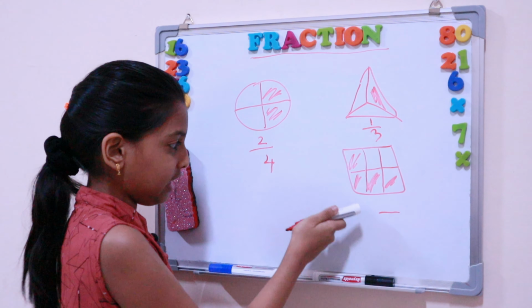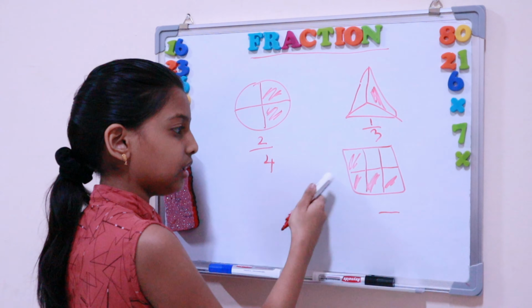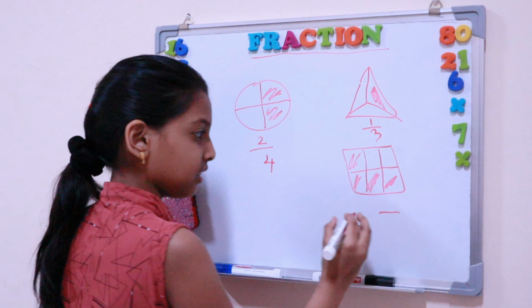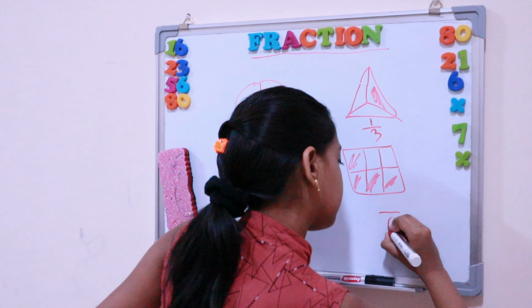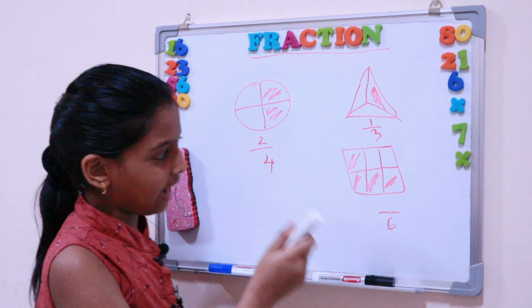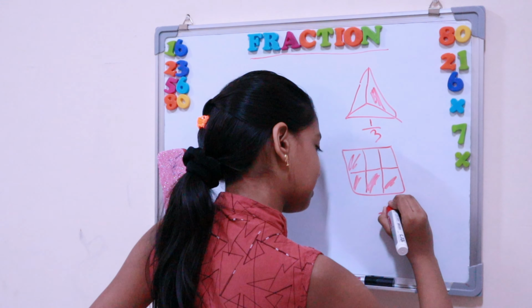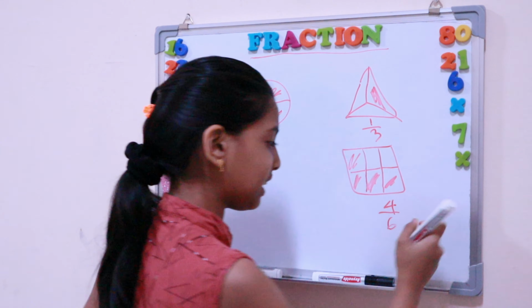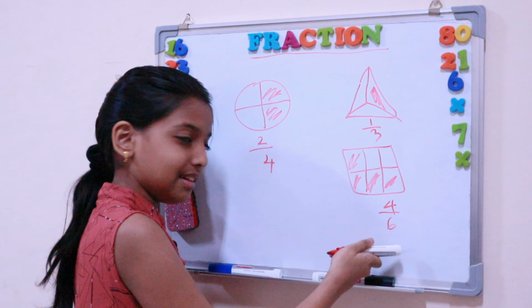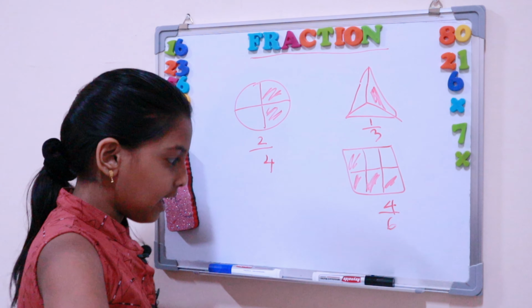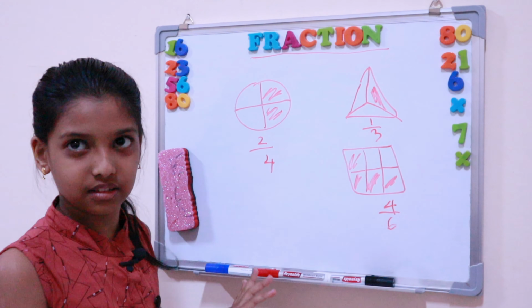And which is the total over here? Total number is 6. So we have shaded 4 boxes. So we keep 4 above and 6 below. I hope you understood these questions.